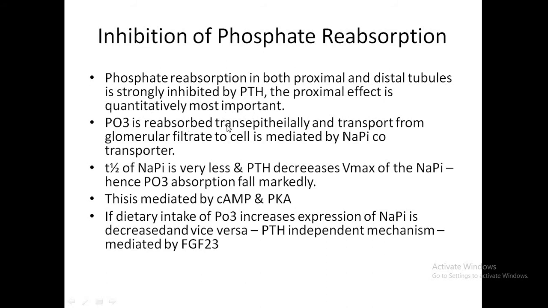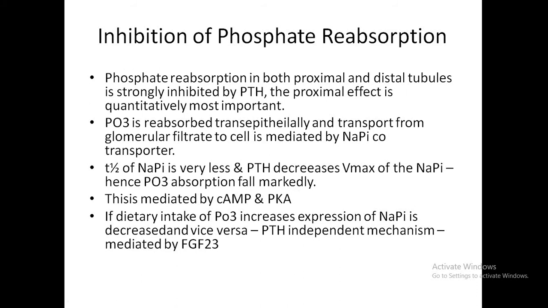Phosphate is reabsorbed transepithelially, and transport from the glomerular filtrate into the cell is mediated by a sodium phosphate co-transporter. The half-life of this transporter is very short, and PTH decreases the Vmax of the transporter, and this is how phosphate absorption falls markedly.